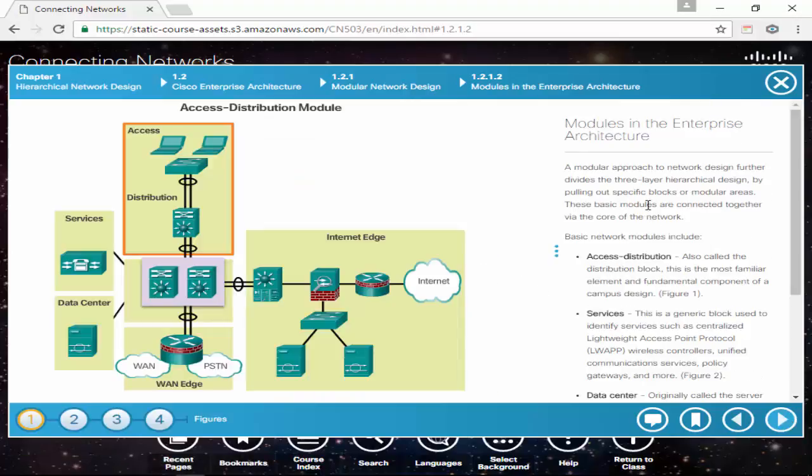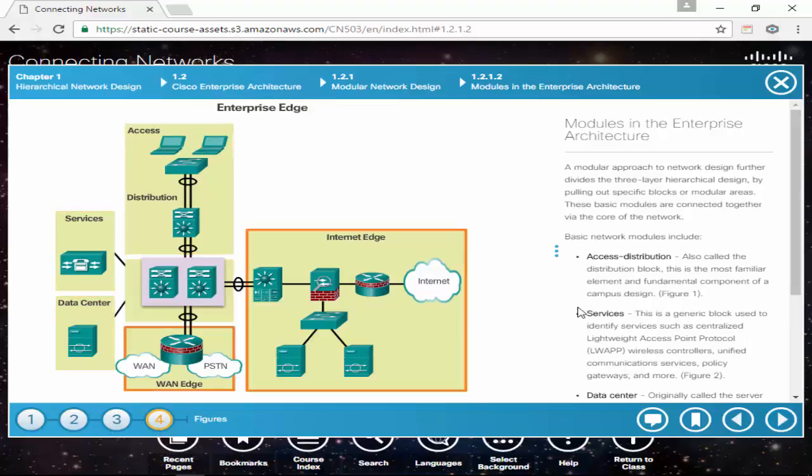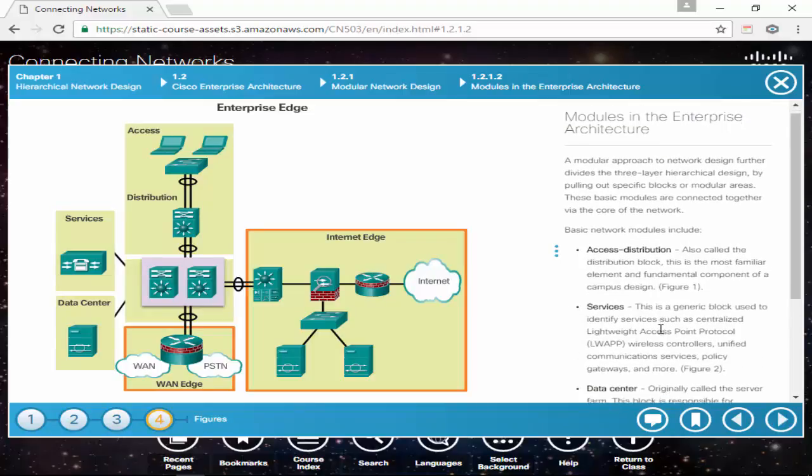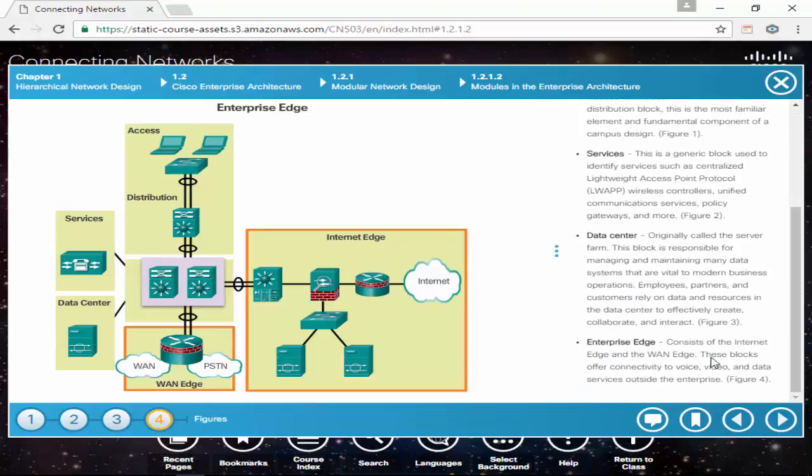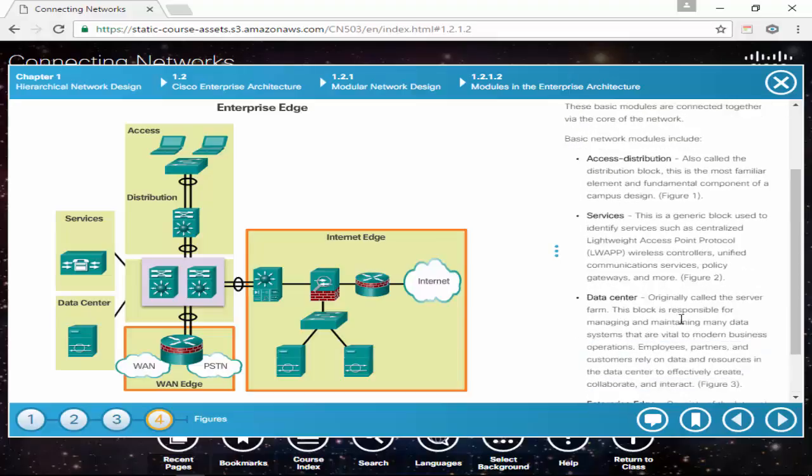Alright, so our modules. We have the access and distribution module, the services module, data center, WAN edge, internet edge. Let's talk about them.